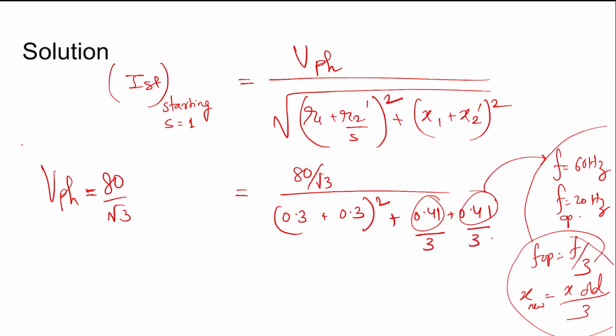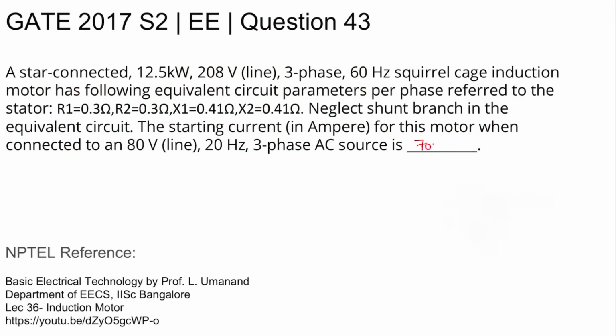So we divide by 3, and then you take the whole square and root over. So this value is coming out to be 70.05 amperes. So the answer is 70.05 ampere in this operating condition.